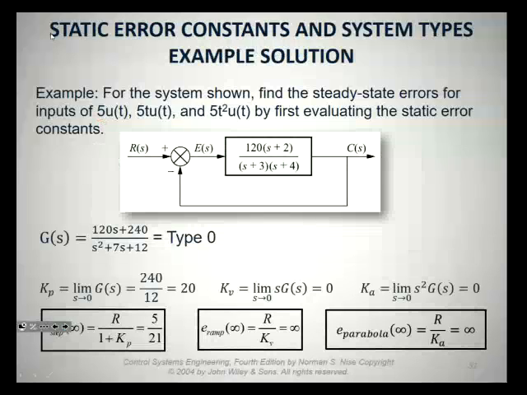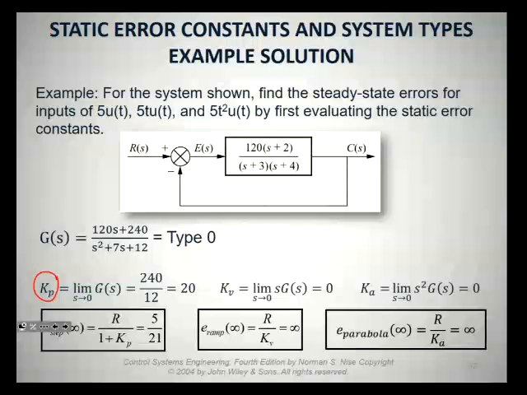So the G of S, if you multiply it out, I think that's the same as the last example actually. We've got 120S plus 240, that's just multiplying the top line. And the bottom line is S squared plus 7S plus 12. So we can start by finding our position constant, which is the limit as S tends to 0 of G of S. That's the Kp value, the first thing we could find out for our step input.